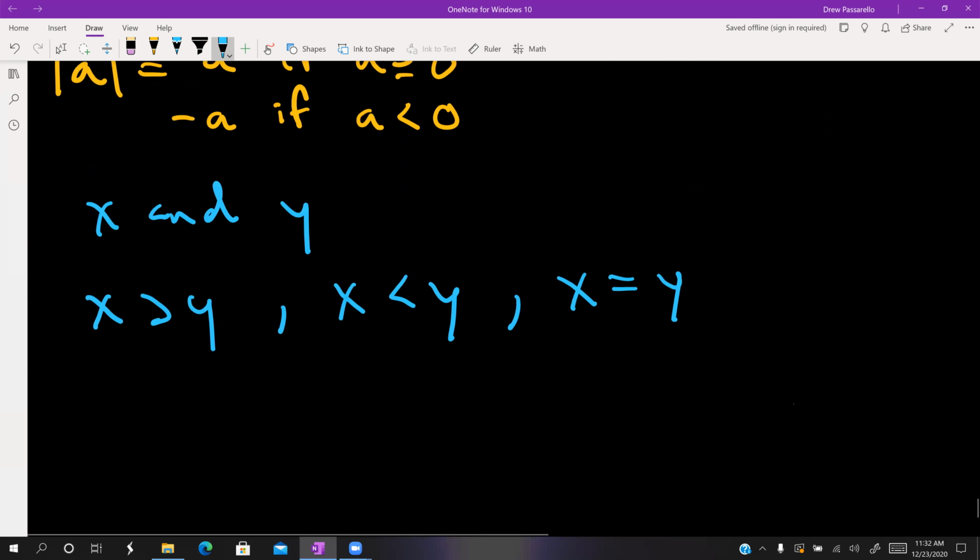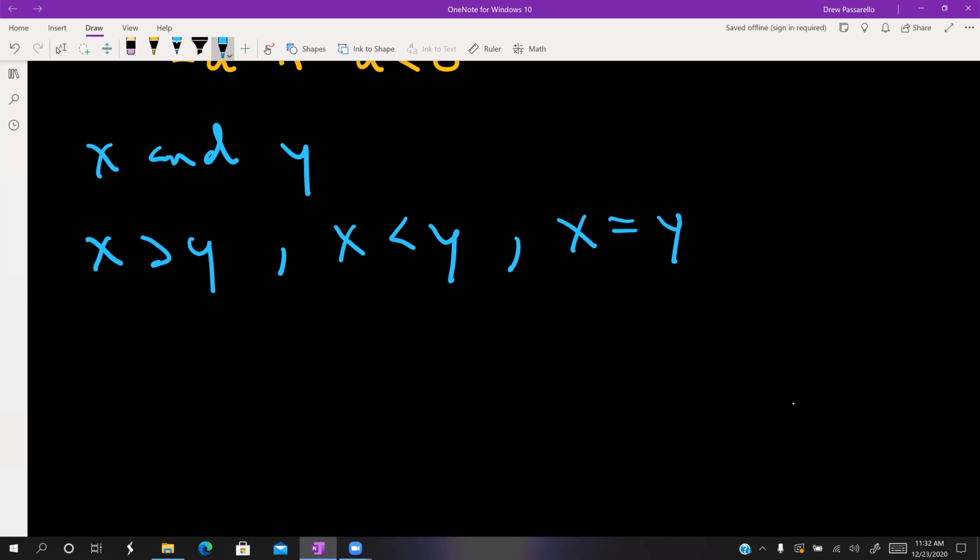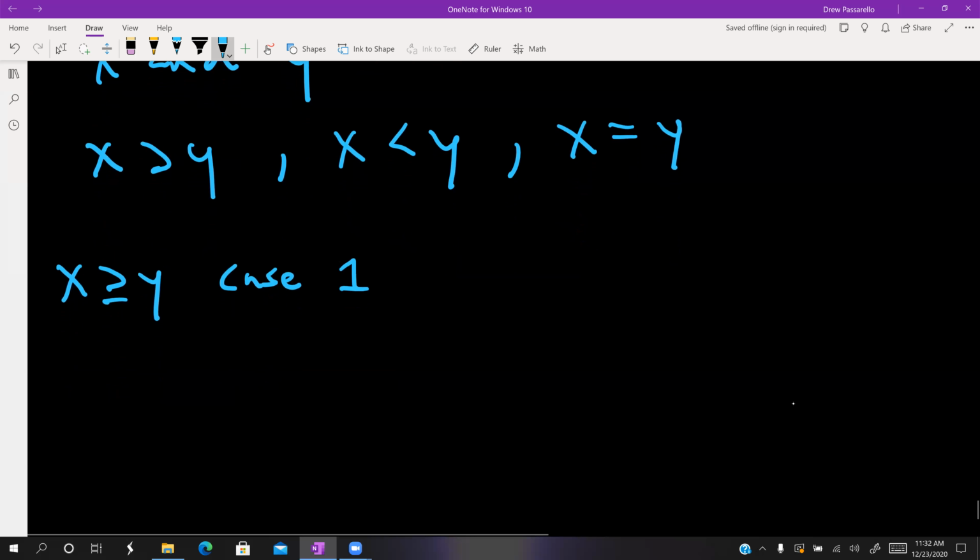So I'm going to consider x greater than or equal to y as case 1, because you can treat the greater than or equal to as pretty much the same thing, and then x less than y as case 2.